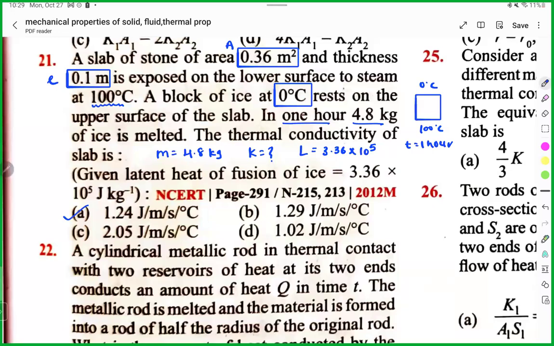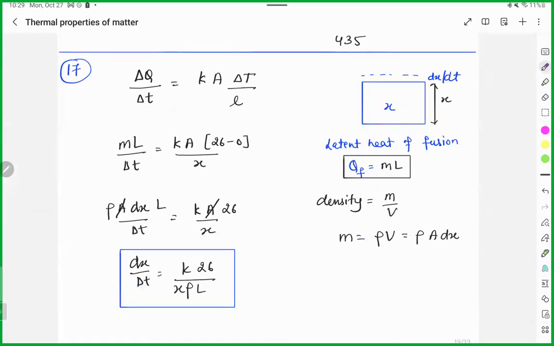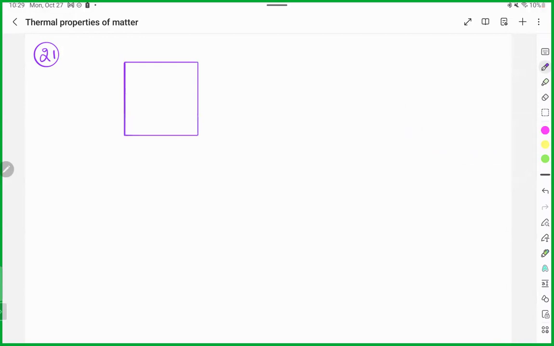Let me write what is given. Question number 21 it was, right? You had a slab. On the lower side, temperature was 100 degrees Celsius. On the upper side, you had 0 degrees Celsius.